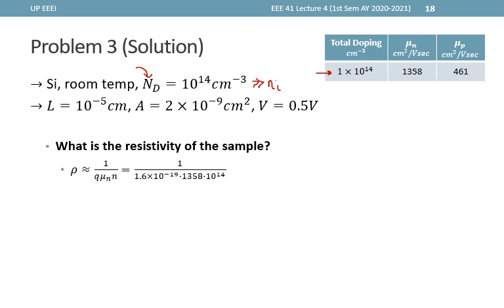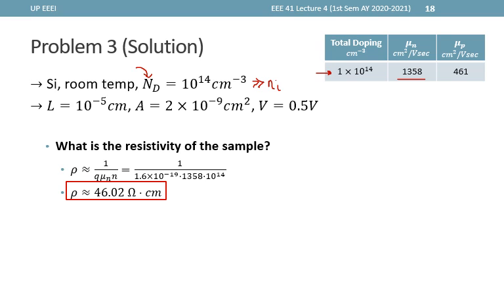So q is 1.6 times 10 raised to the minus 19. Since it is N-type, the mobility is mu n, which is 1358. And n is approximately Nd, since Nd is much greater than Ni.